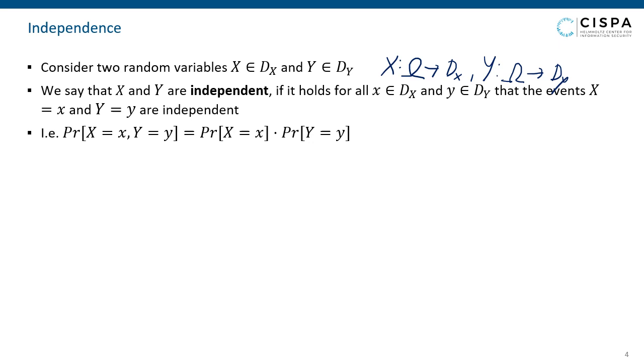What does that mean? Basically the joint probability distribution function of X and Y, namely the probability of X equals x and Y equals y, is the same as the product of the probability distribution functions of X and Y.